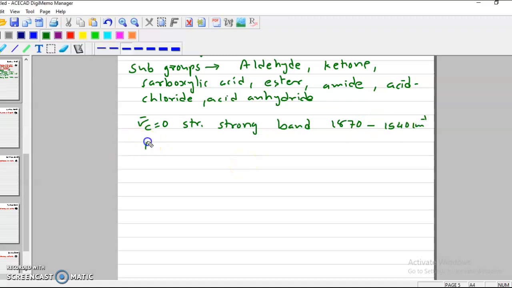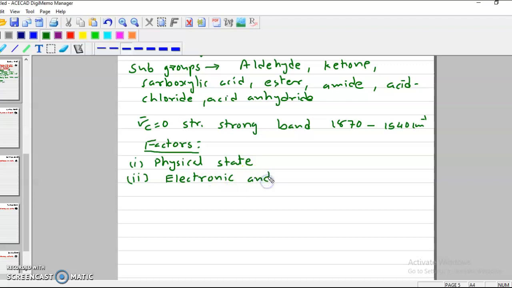The factors affecting C=O vibrations are: first, physical state of a sample. Second, electronic and mass effect.